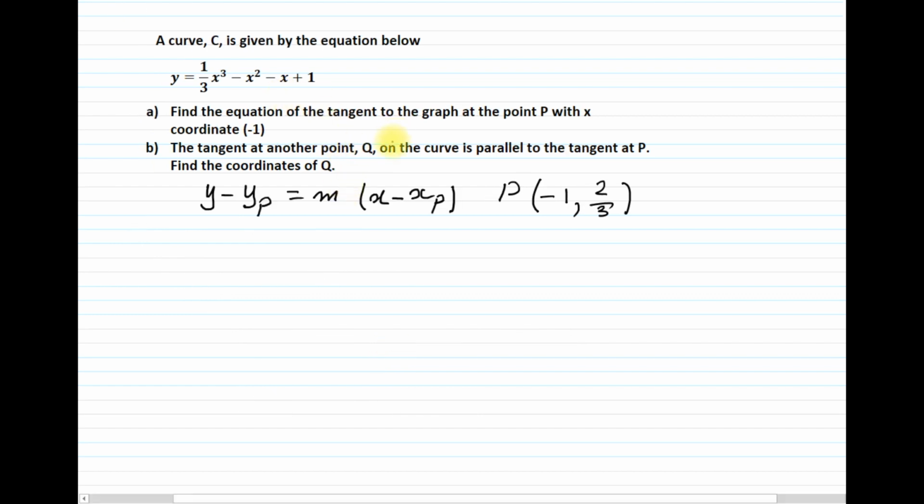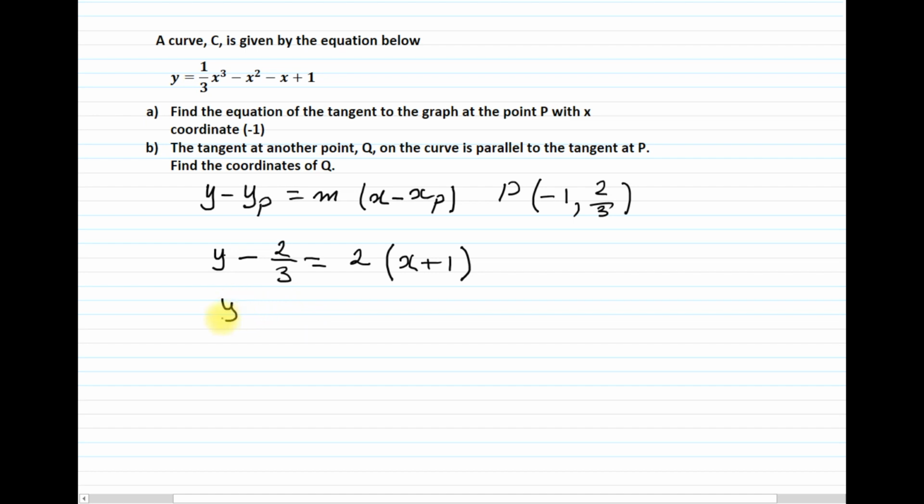Okay, so we have a line, we know our gradient is 2, and it's going through the point P with coordinates -1 and 2/3. So our tangent line would be y minus 2/3 equal to 2, our gradient, times x minus -1, which is x plus 1.